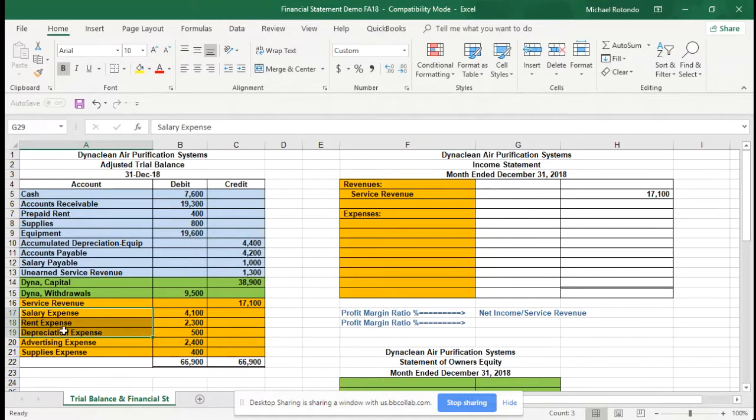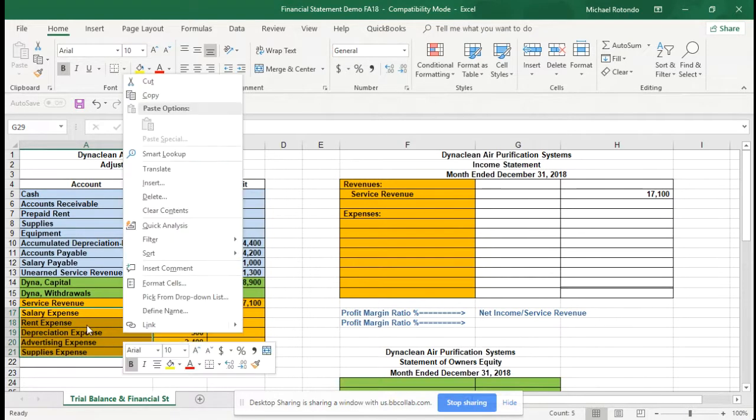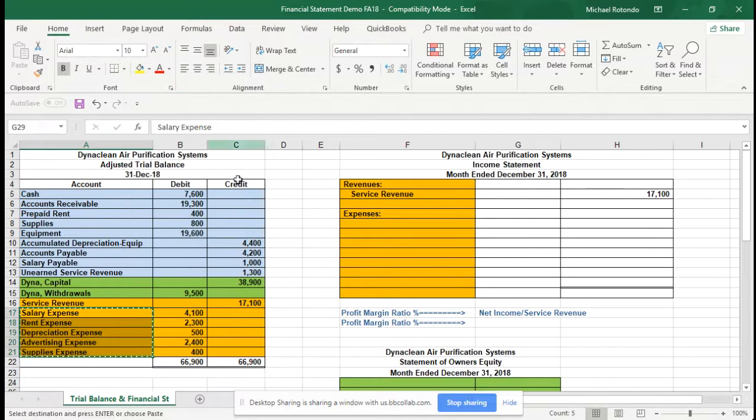Salary expense, depreciation, etc. So we could just copy and paste these over here. Okay, and again, we should indent those a little bit.